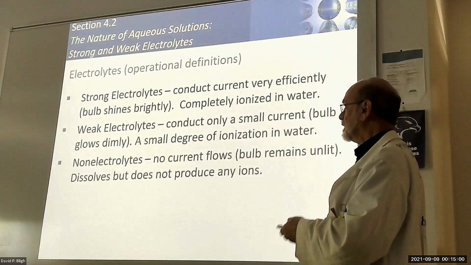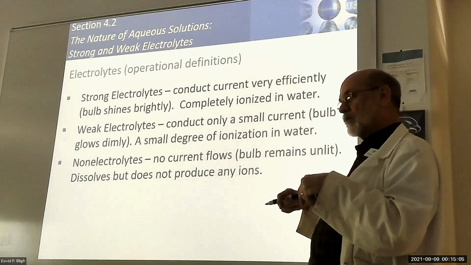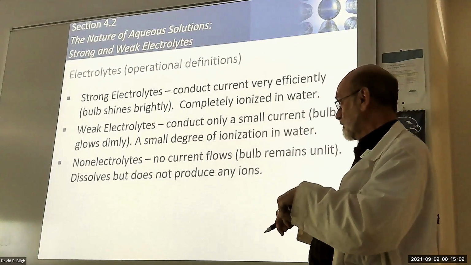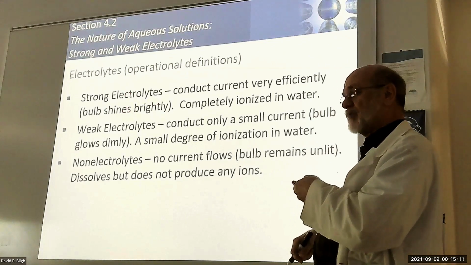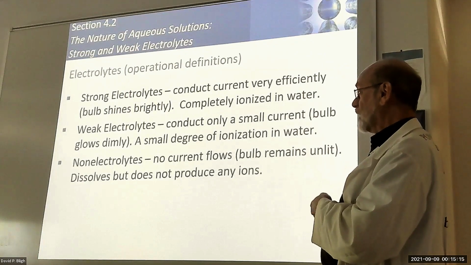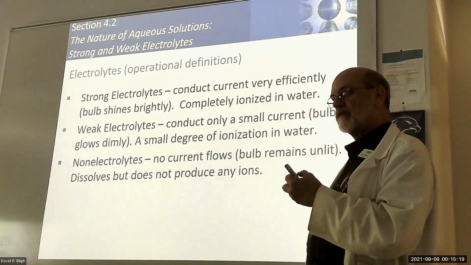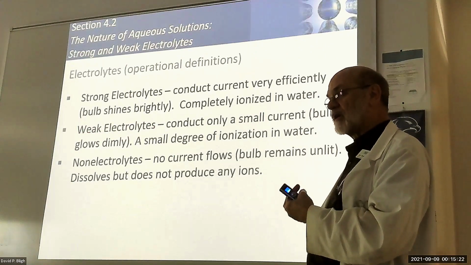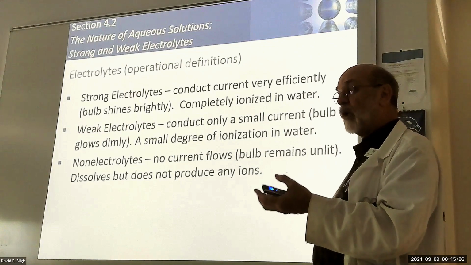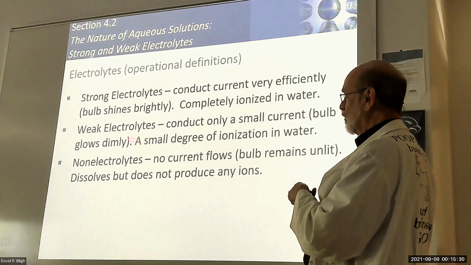If you hook up a circuit with a light bulb and put your electrodes in the water with a strong electrolyte, then the bulb will be bright. On the other hand, if the solute is very weak in dissociation, it only makes just a few ions per mole of molecules, then it'll be a weak electrolyte and the light bulb will be very dim.